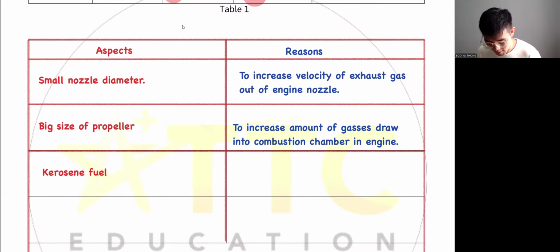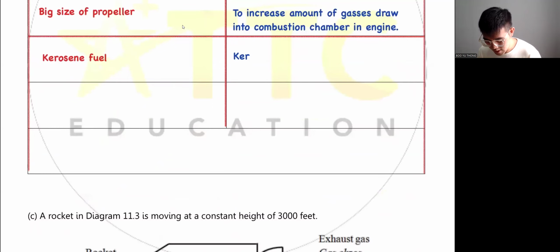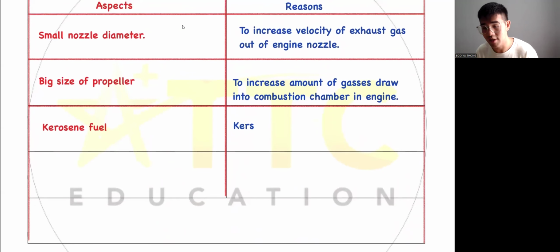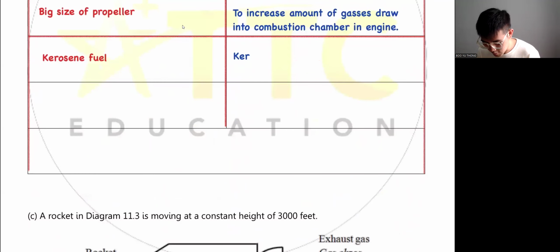Okay, so for this one, kerosene, you see, previously I always answer the question with increase, to increase, to decrease, like that one. See, the first two answers just now. But for this one, because we are explaining this thing on this kerosene, so I'm just gonna explain what is good about kerosene.